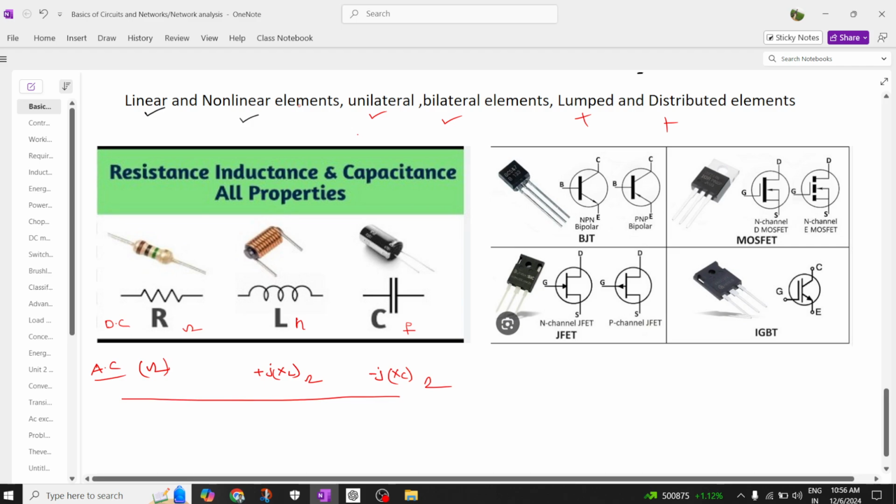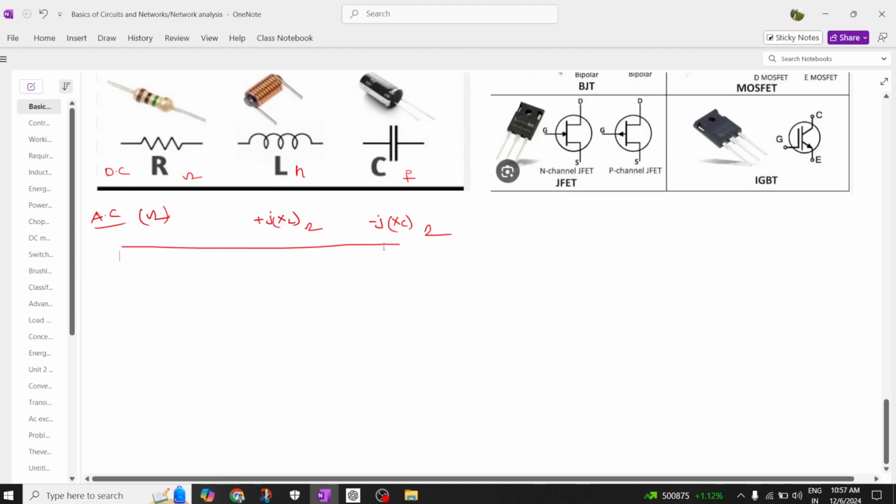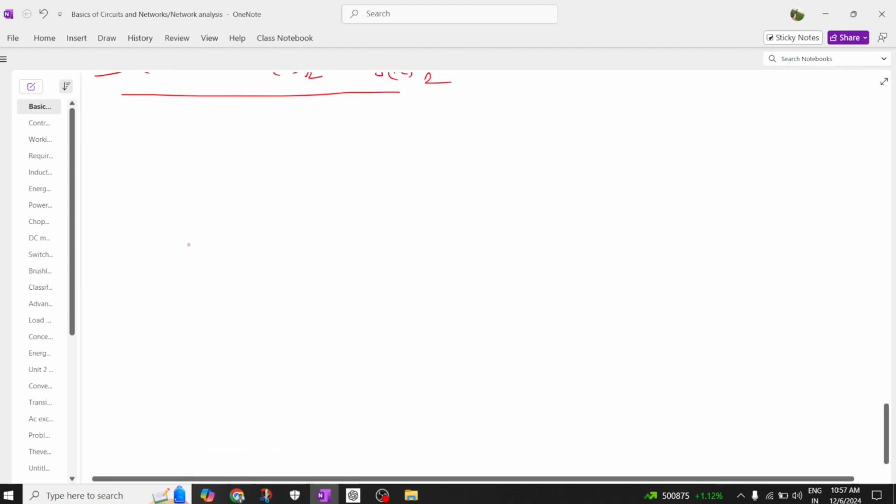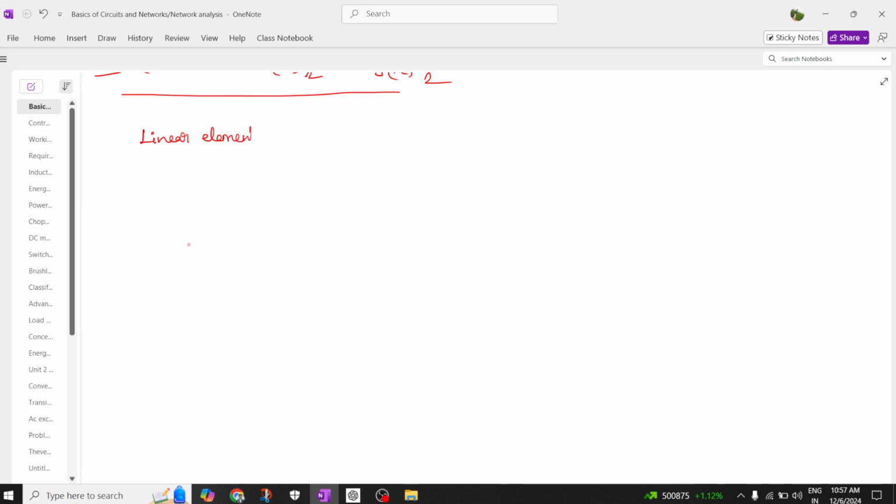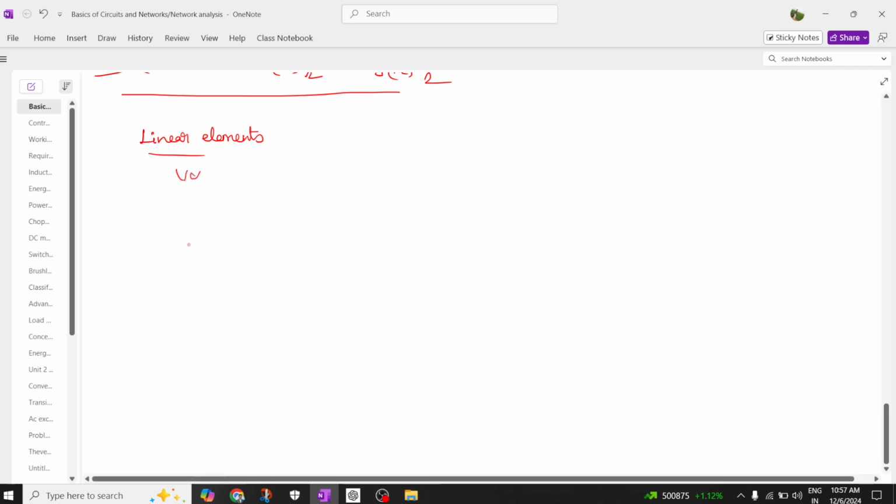So now let's discuss what linear elements and non-linear elements are. When you plot a graph, let's try to understand what is meant by linear elements. Linear elements are those for which, with the variation of input voltage, the current developed is also proportional.